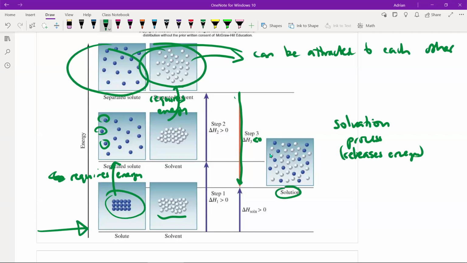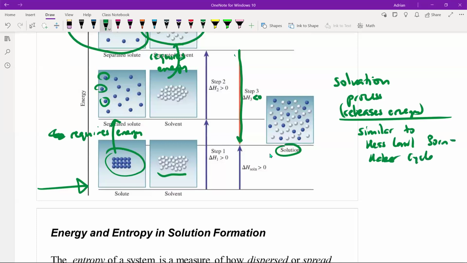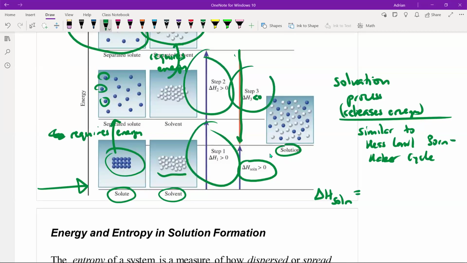Right, so if you take a step back and look at it, this kind of looks like Hess's law and the Born-Haber cycle. There are lots of parallels we can draw. The delta H of the solution, the enthalpy change going from the separated solute and the separate solvent into the solution, is simply the sum of step 1, step 2, and step 3.